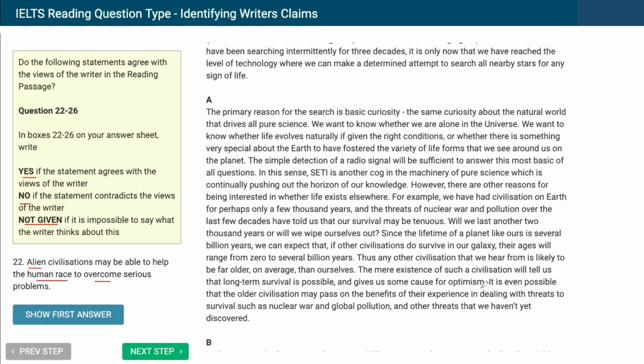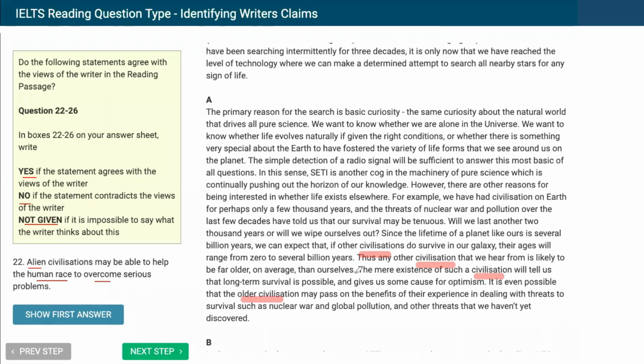And now this wasn't a keyword, but it is a good synonym for human race, civilization. So this is a very similar word. And we're in the beginning of the text, so I know we're going to be talking about this SETI. And while I don't see alien right now, I keep seeing this word civilization and also older civilization.